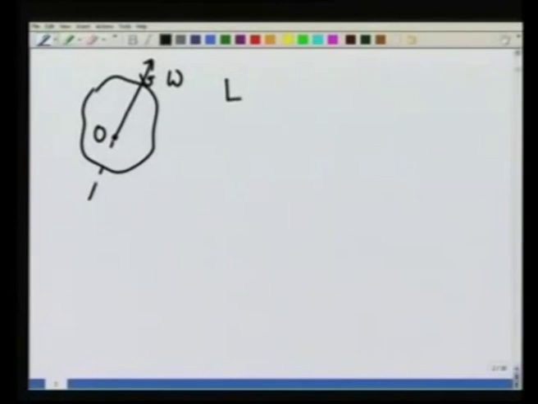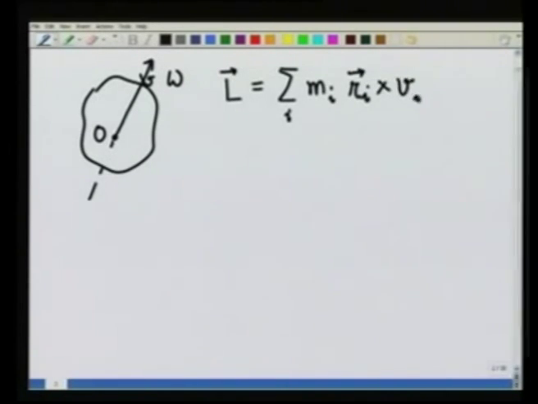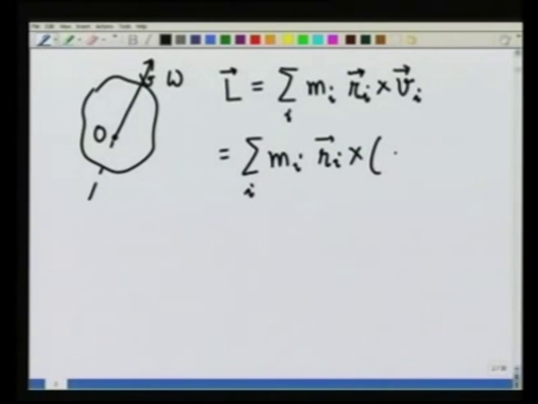Then the angular momentum L, which is defined as summation over all the points in the body which are moving, mi ri cross vi, is written as summation over i of mi ri cross vi, where vi is dri dt, and this is purely by rotation.